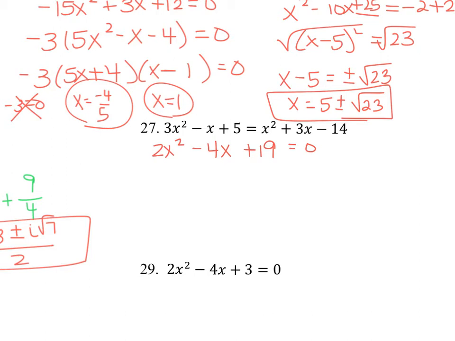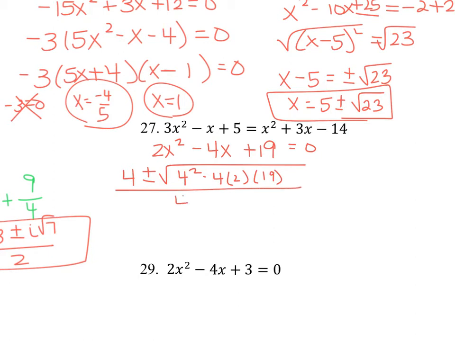I'm going to do quadratic formula on this one. So I'm going to do 4 plus or minus the square root of 4 squared minus 4 times 2 times 19, all over 4. So now I have 4 plus or minus the square root of 16 minus 4 times 2 is 8 times 19 is 152, all over 4.